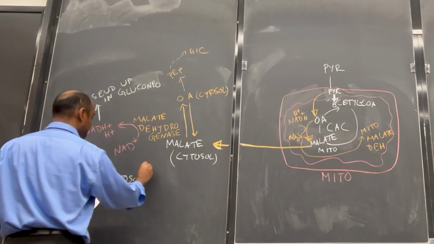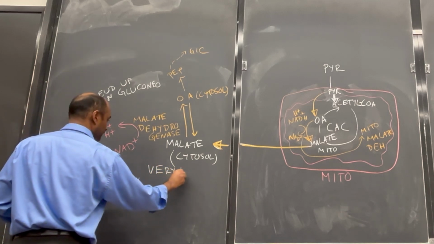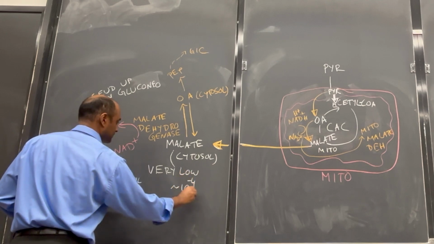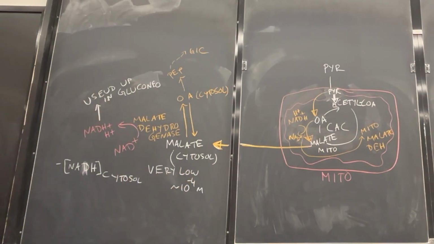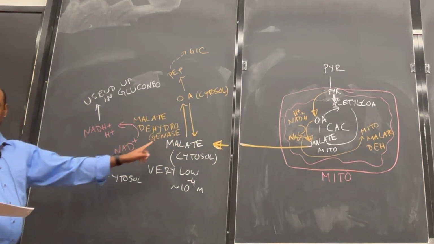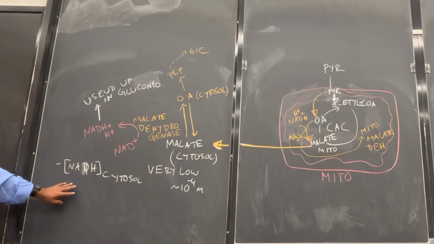So it's actually very low. So if you wanted to do gluconeogenesis normally in the cytosol, you won't have NADH to make it happen, right? But by doing it this way, you also lift that limitation. So now you have NADH to make this happen.